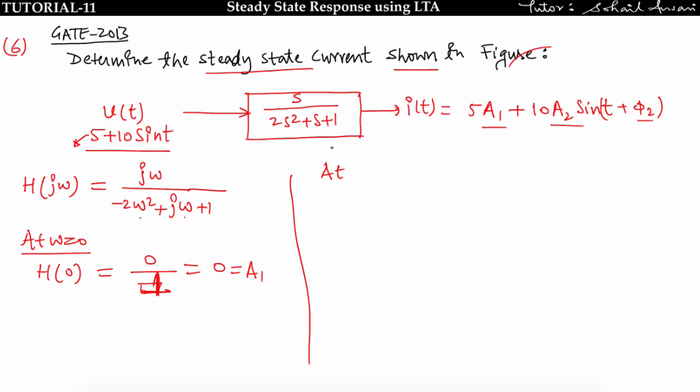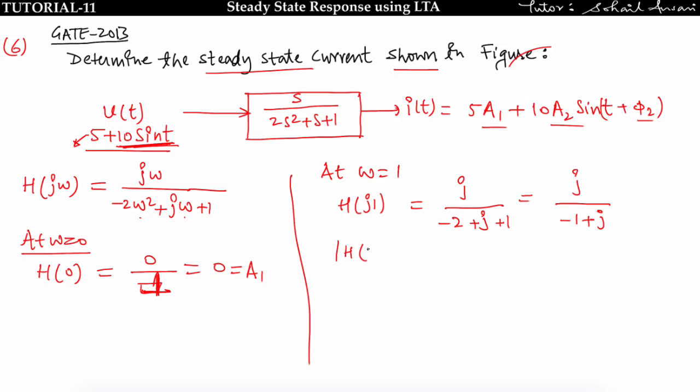Now find the response with sinusoidal input. At ω is equal to 1, since this sine wave has a frequency equal to 1, H(j1) is equal to what? j upon minus 2 plus j plus 1, that is equal to j upon minus 1 plus j. If you calculate magnitude of H(j1), you will get 1 by root 2.